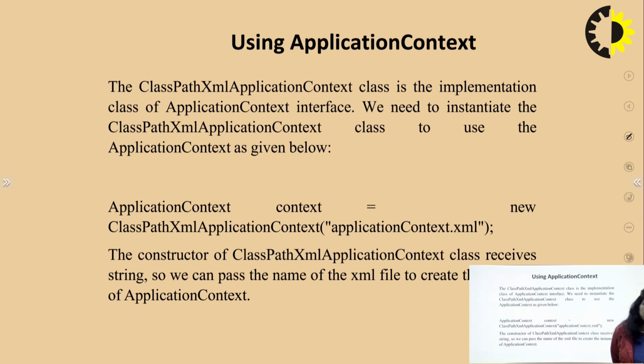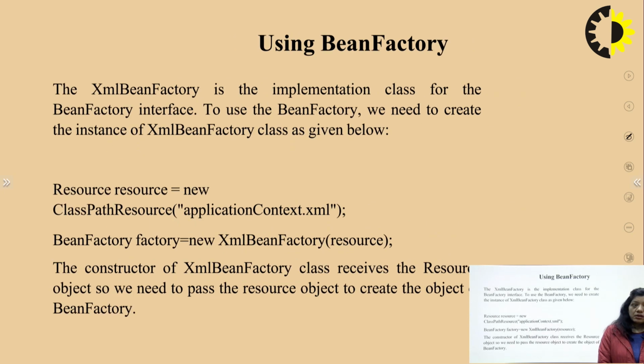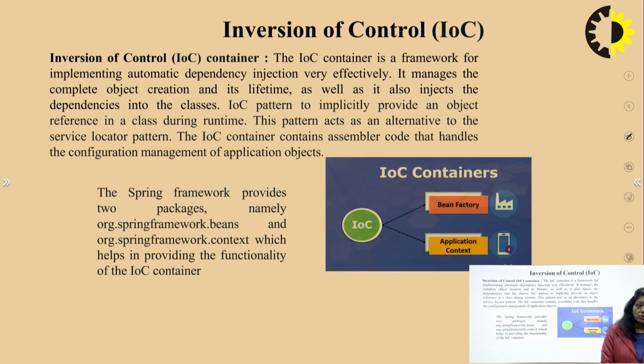So we can pass the name of the XML file to create the instance of application context. So basically in the IOC container, we use the bean factory and the application context, which I told you earlier.